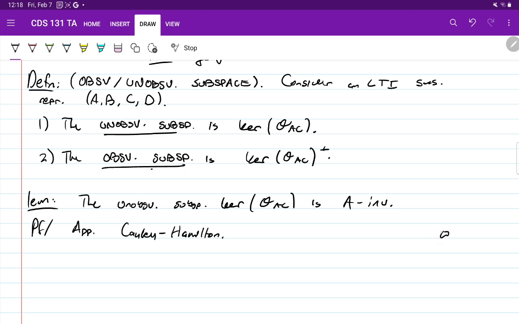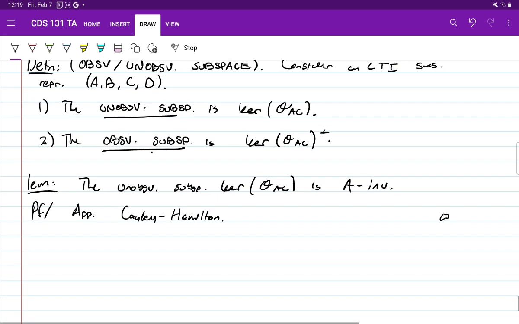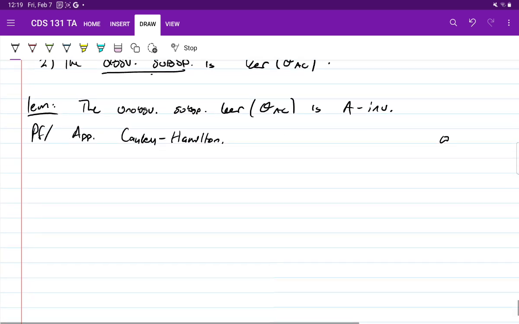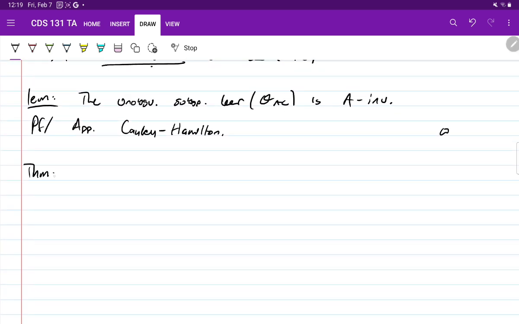All right, so I'll leave the details for you for the sake of time, okay? Really same deal as the controllability one. Okay, so using this property that this unobservable space is A invariant, we'll find that the observable subspace and unobservable subspace really split our space up into nice components, okay? Once more, these components will respect the dynamics of the system. So that leads us to this proposition, or theorem, which is the observability decomposition.